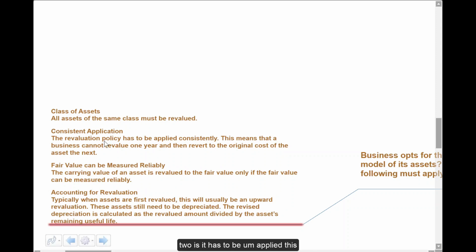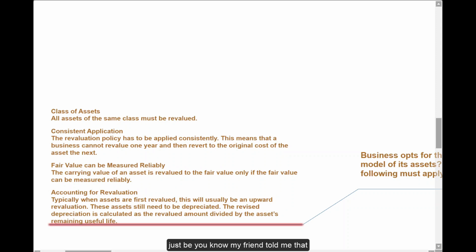Point number two is that this policy has to be applied consistently. So really, you can't just do it 1 year and then revert back to the depreciation method above. You have to do it year on year. Outside of that, the fair value, or the market value, you can assess or measure reliably.